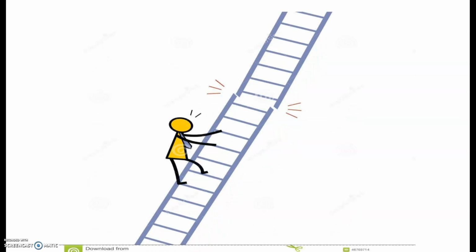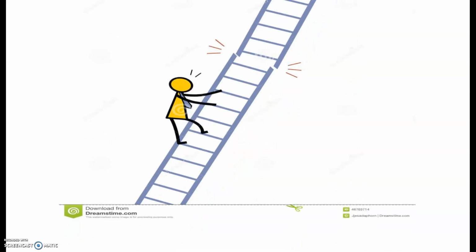Here, if you saw this sign on an elevator, are you going to use that elevator? If you saw this sign going up to a stairway, are you going to use that stairway? No. Why not? Well, because it's dangerous. It's broken. Didn't say it in words, said it in pictures, right?